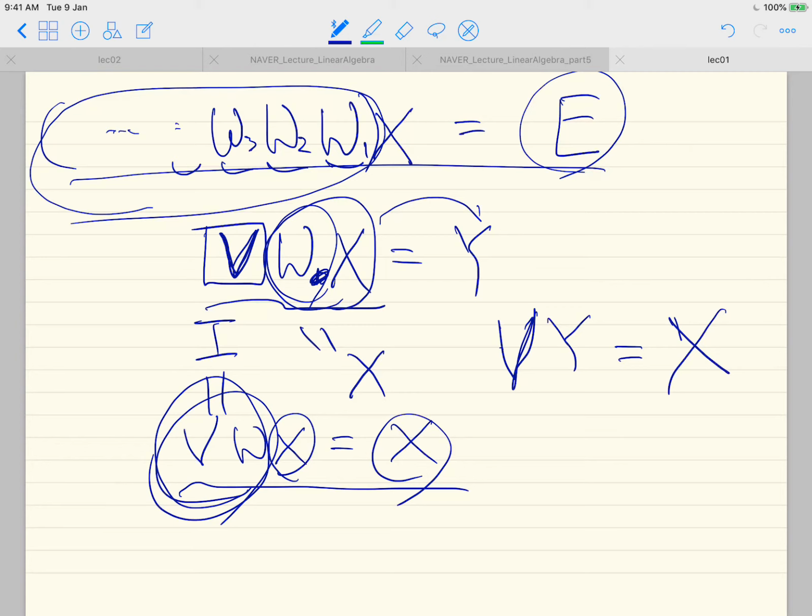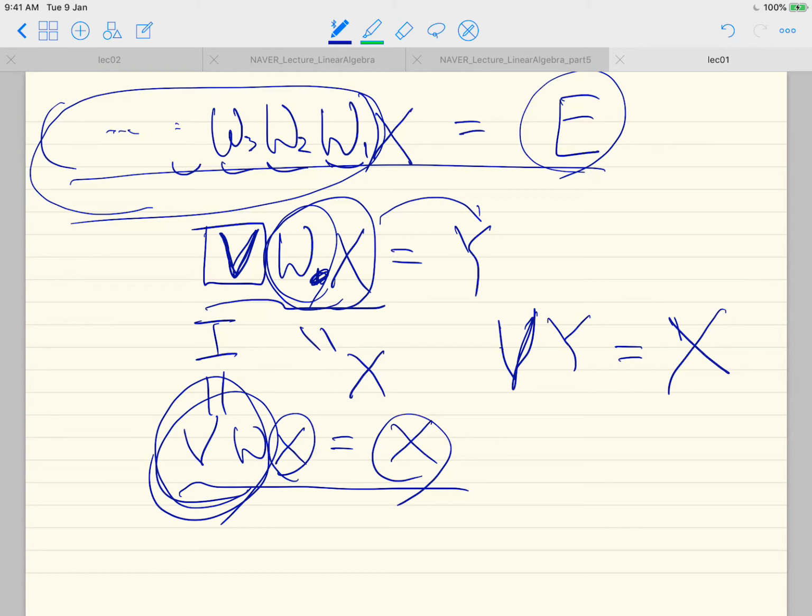So it is not merely an equation; it is an identity, 항등식 in Korean. It is the equation that should always be true for any given X, right? So to satisfy that requirement, the only possible solution for this V times W as a whole is the identity matrix.